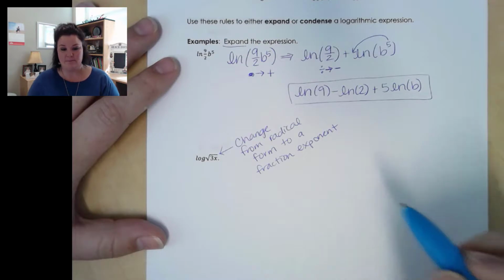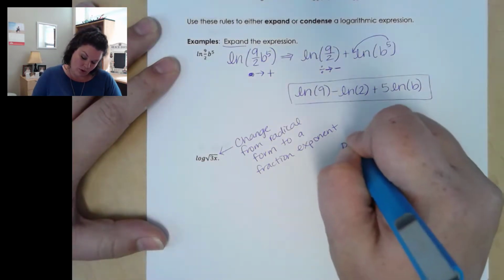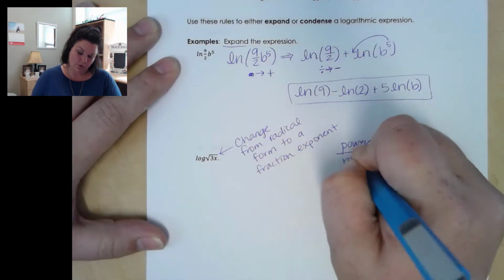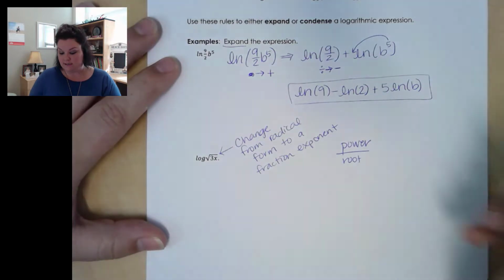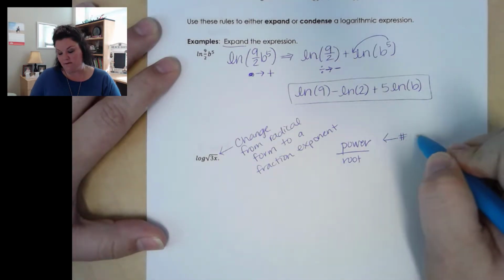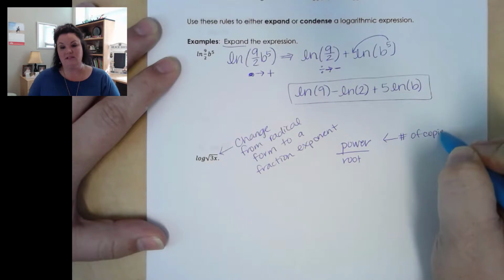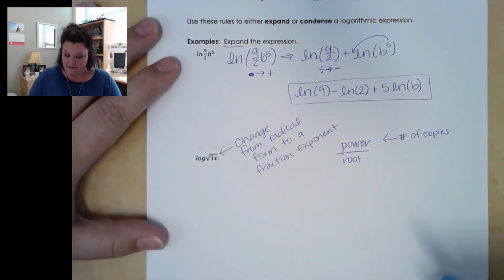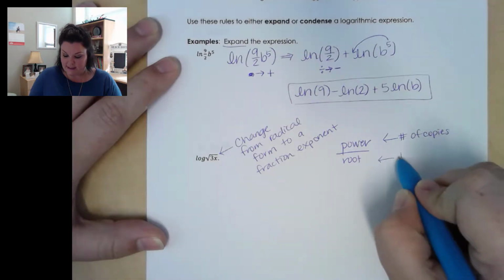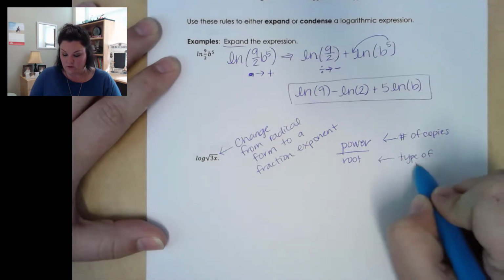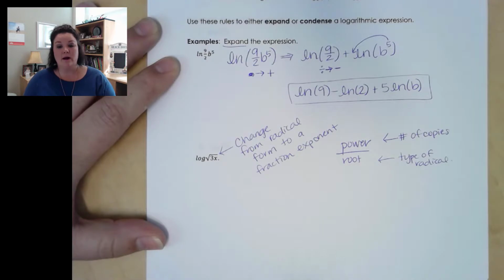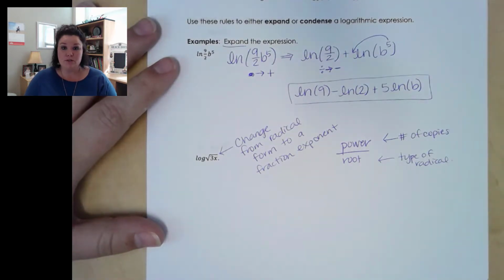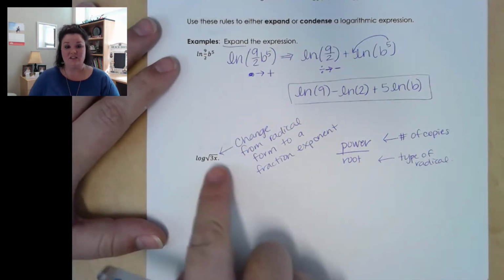Okay, and remember, fraction exponents, or rational exponents, represent power over root. Okay, or in other words, this is the number of copies. So if you have something squared, something cubed, something to the first power, and then the root is the type of radical that you have. So is it a square root? Is it a cube root? Okay, so here we have a square root.